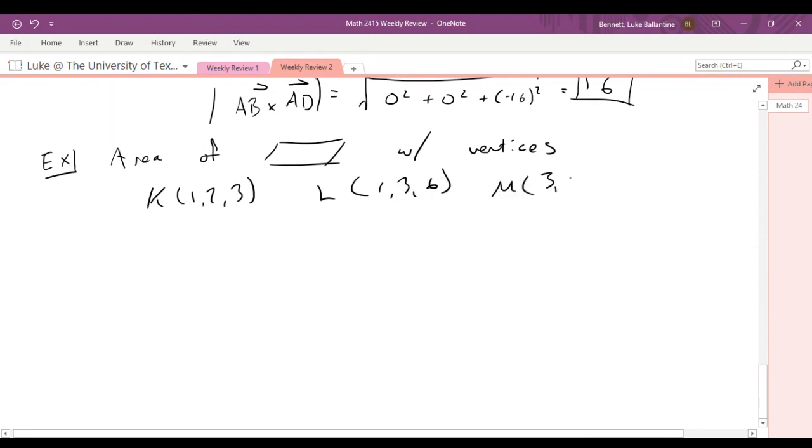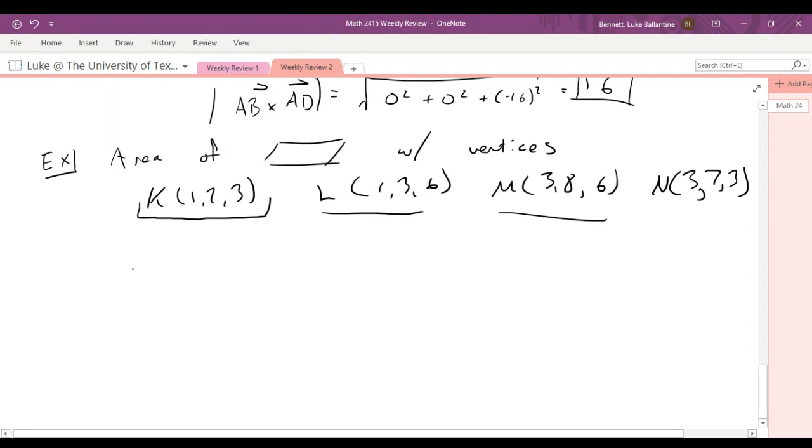M is 3, 8, 6. N is 3, 7, 3. Okay, so remember, we fix one point and then we just create a vector to 2 others. Fix one point, a vector to 2 others.